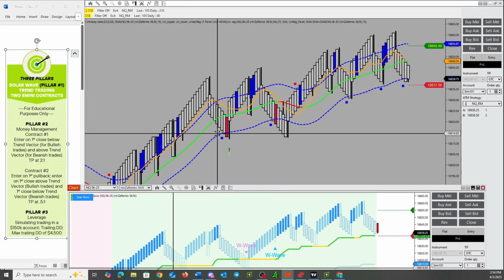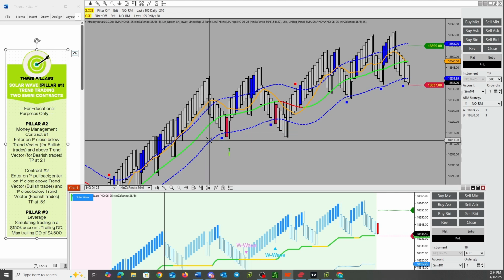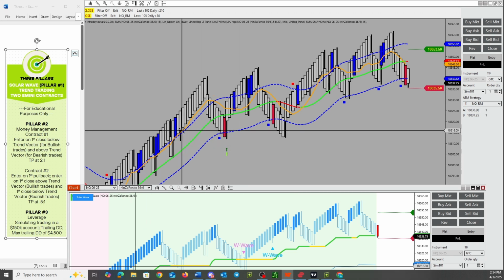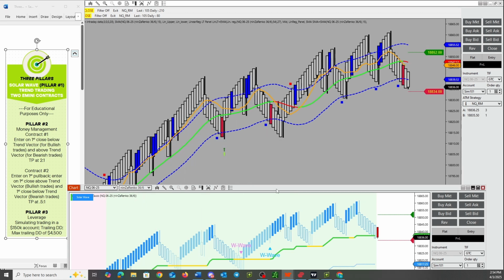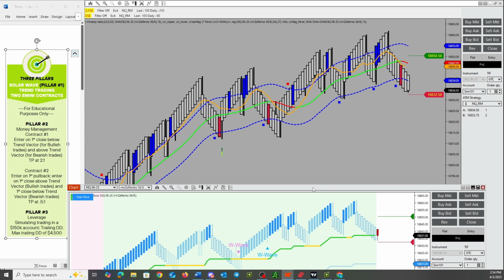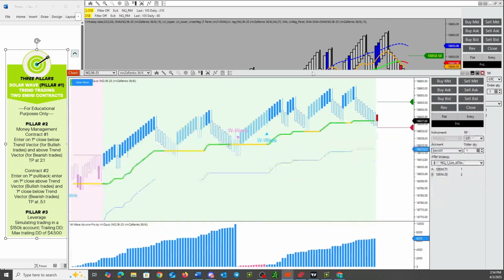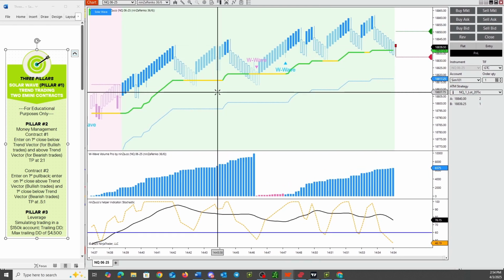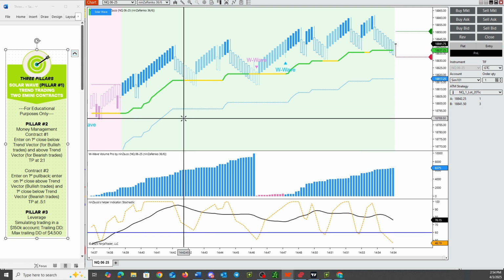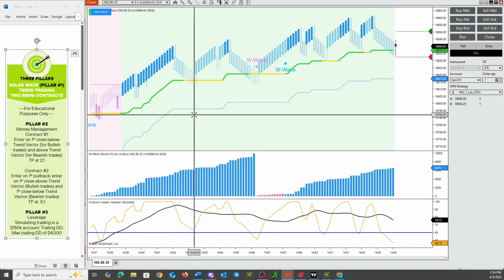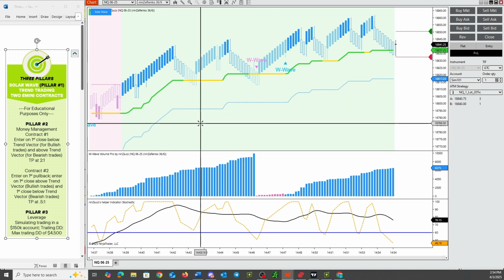The concept is the same on all of them, but the channel width differs on all of those other instruments, and you have to tune that to the different instruments because of the price of the product versus the Renko size. So yeah, you'll have to change those. But say for example, Solar Wave, you wouldn't change Solar Wave. You would adjust the bar size on the ES or the YM or Gold.